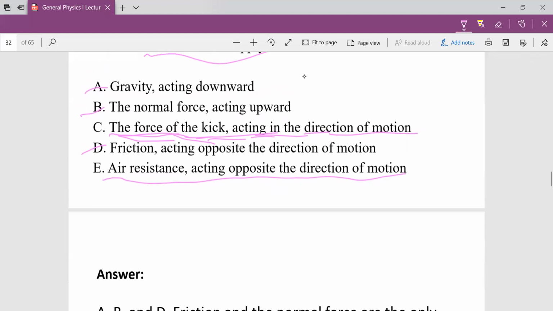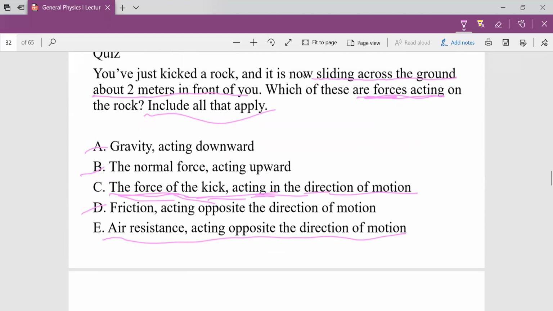But for this rock that has moved 2 meters in front of you, it said sliding across the ground about 2 meters in front of you. So when we are describing that, we didn't include air resistance because we're no longer saying it is in continuous motion.